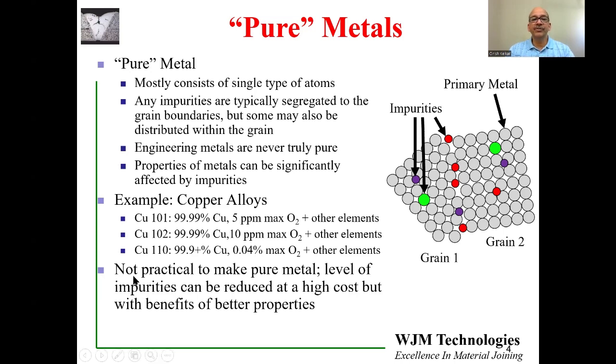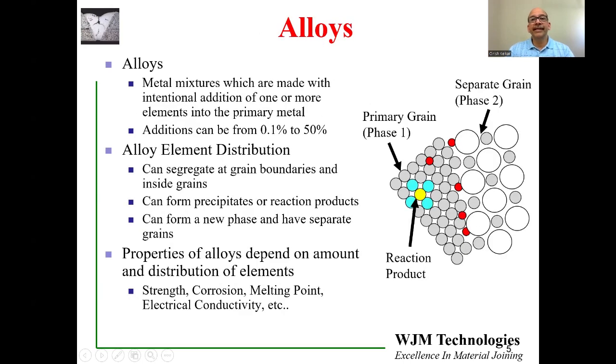Keep in mind, it is not practical to make a pure metal. You can make it more and more pure for a cost, but there is no such thing as a pure metal. In reality, oftentimes we are dealing with alloys where not only are we trying to keep the impurity levels low, but oftentimes we are actively adding certain elements to the alloy.